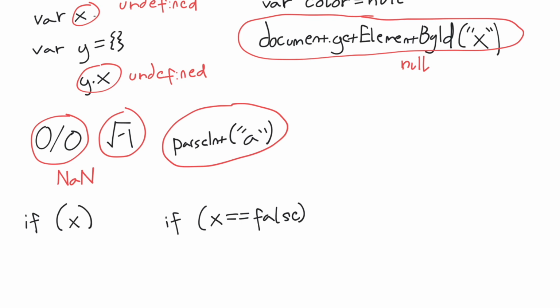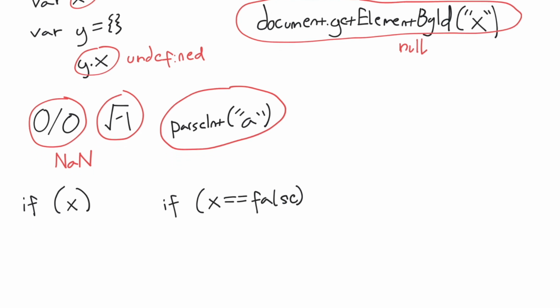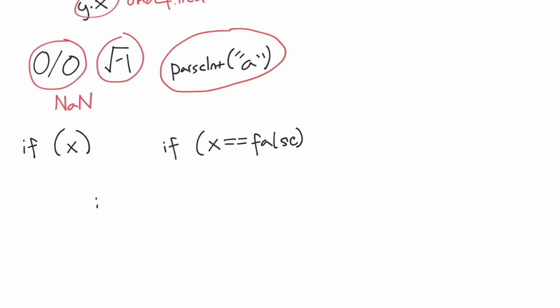So how we can get around that in JavaScript is with something called the identity operator. And the identity operator looks like this, with 3 equal signs. And if we want to check if x is really equal to the value of false, not just the evaluated Boolean, but it really is false, then we use 3 equal signs.